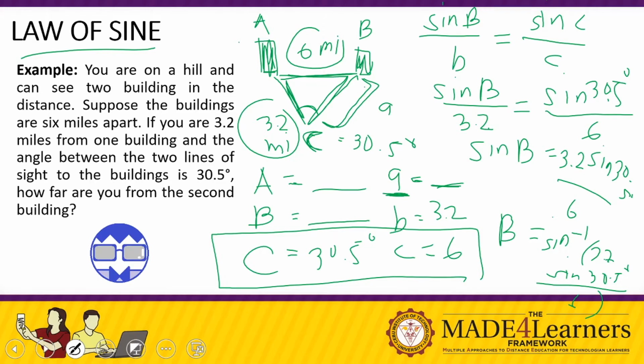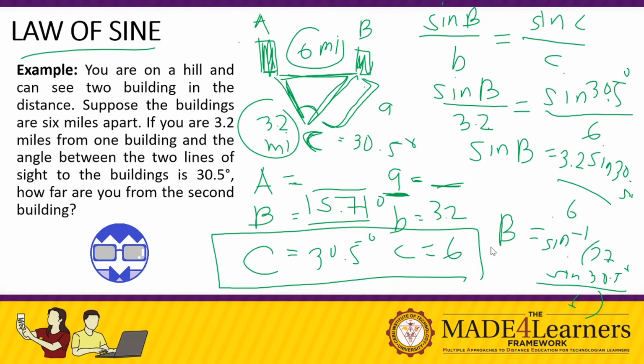Arc sine of 3.2 sine of 30.5 divided by 6. Okay, so the answer is, our B is actually 15.71 degrees.